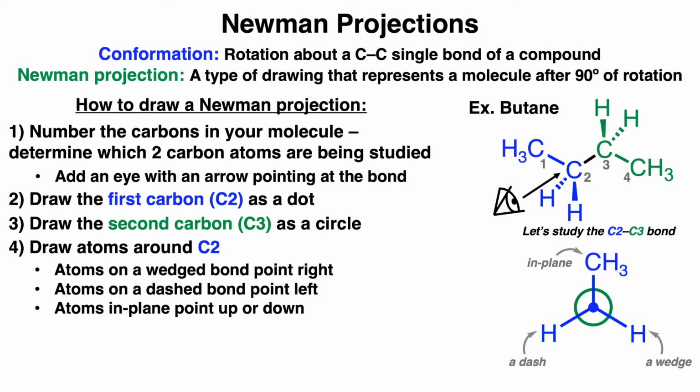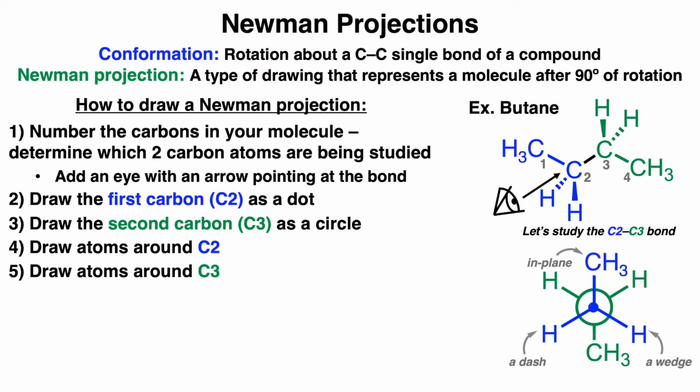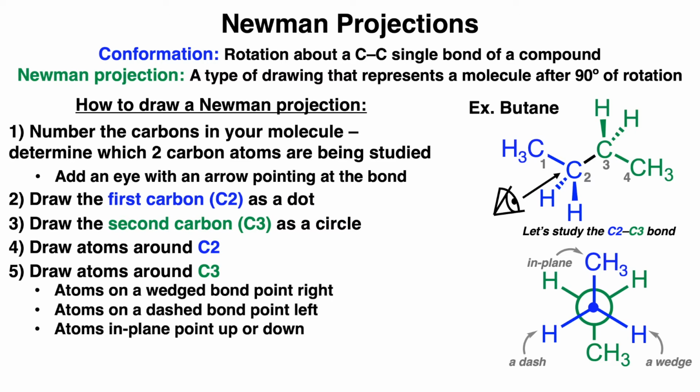Next, draw the atoms bonded to C3, which would be around the circle. You're going to draw each of these green substituents about 60 degrees apart from the blue substituents. The hydrogen on a wedged bond will point to the right, the hydrogen on a dashed bond will point to the left, and the methyl group that's in plane will point downwards.